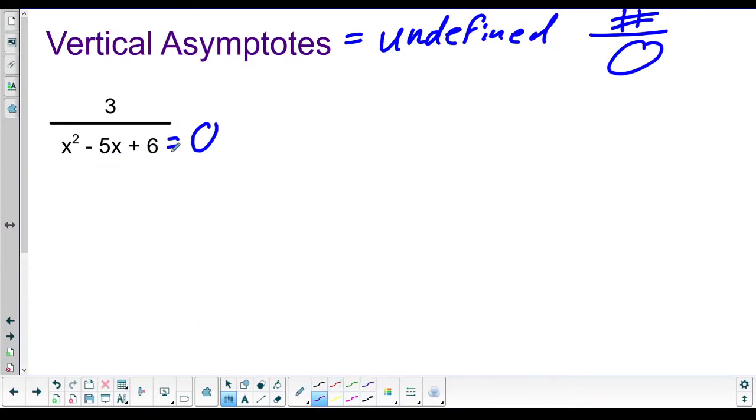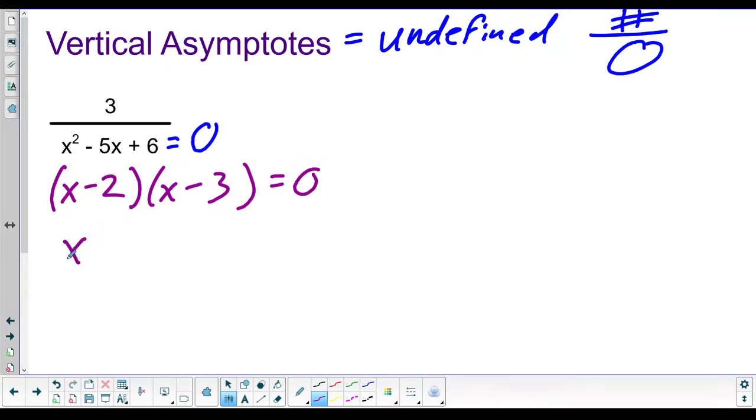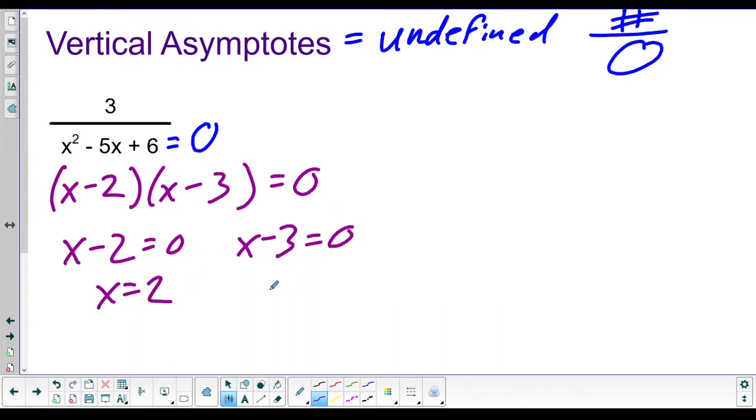We need two numbers that multiply to positive 6, and we need those same two numbers to add up to negative 5. So this is x minus 2, x minus 3. Negative 2 times negative 3, yeah, that's positive 6. And then negative 2 minus 3, that's negative 5. Set these equal to 0. So we have x minus 2 equals 0, x minus 3 equals 0. So x equals 2, x equals 3.